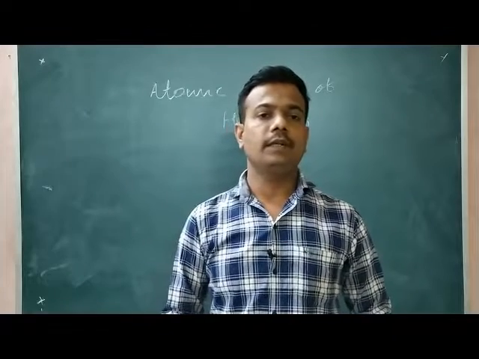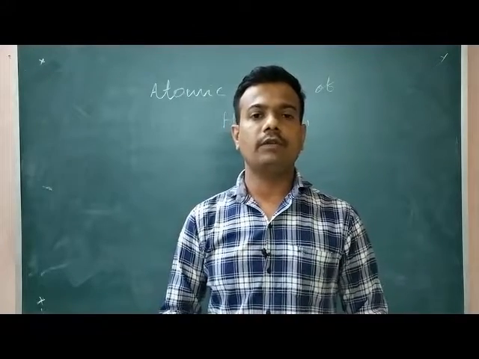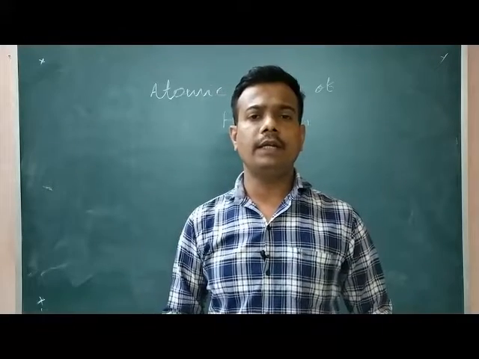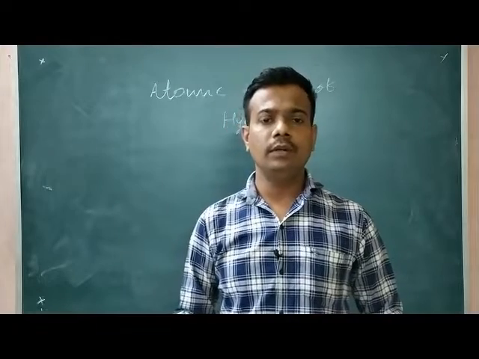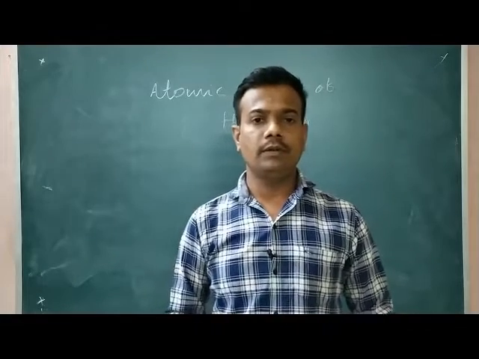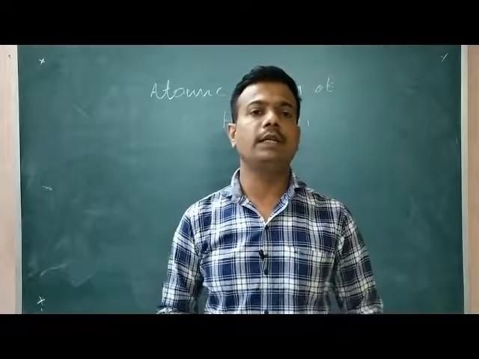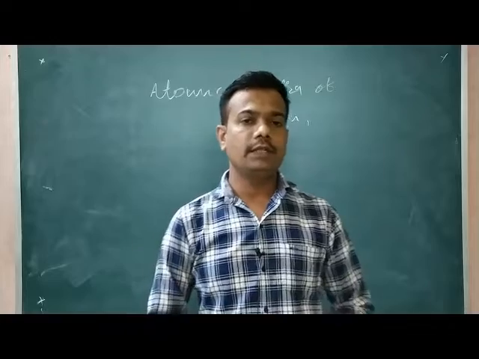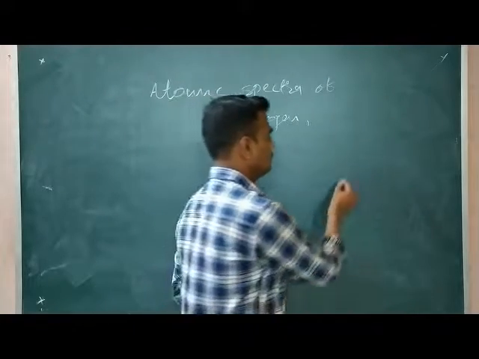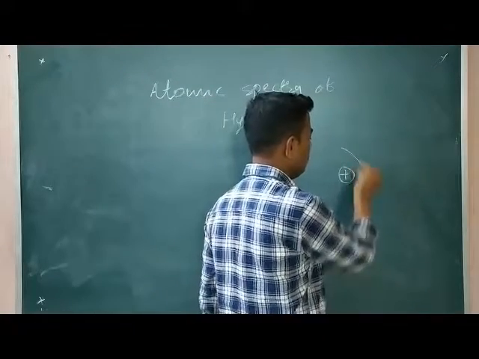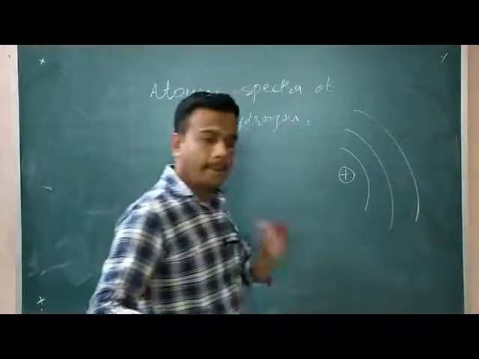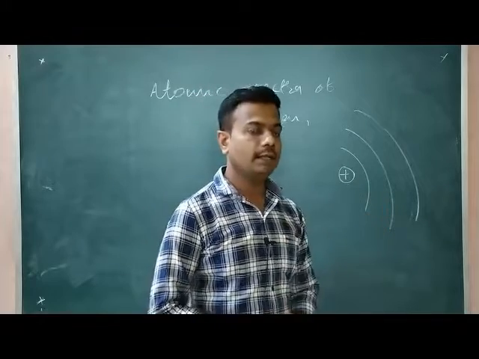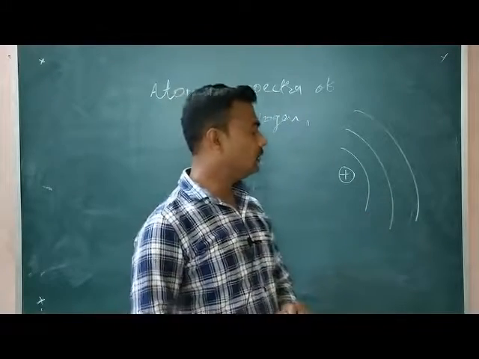He bombarded alpha particles on a thin gold foil, and from that experiment he concluded that the atom consists of a central, positively charged part known as the nucleus, and electrons are revolving in different orbits around this nucleus. This is according to the Rutherford model.